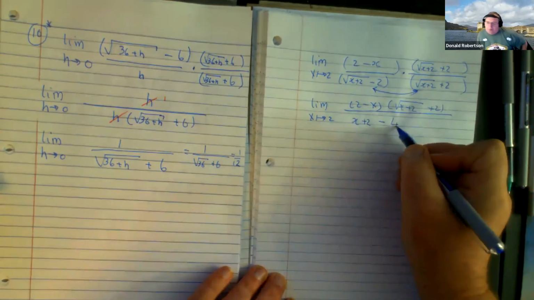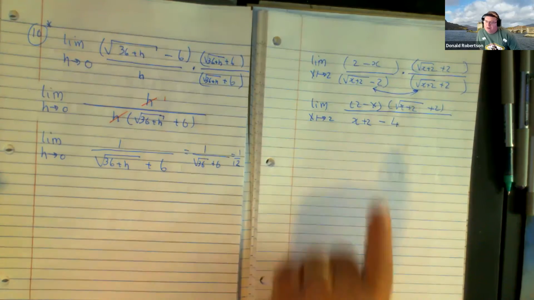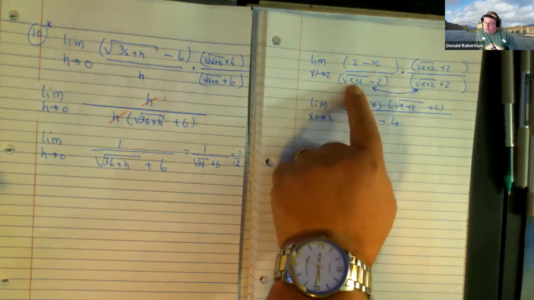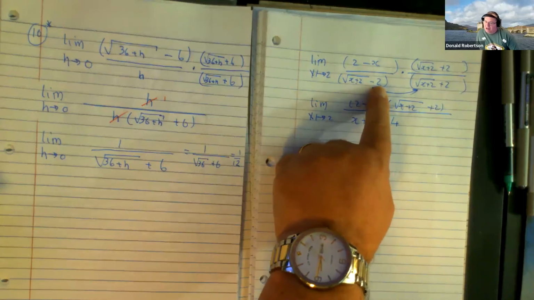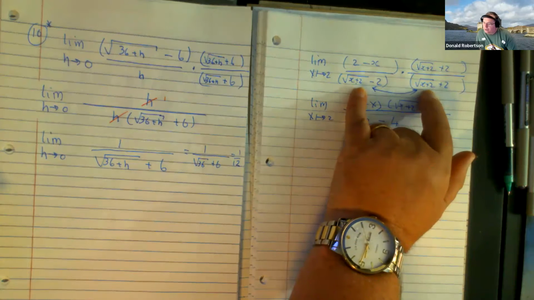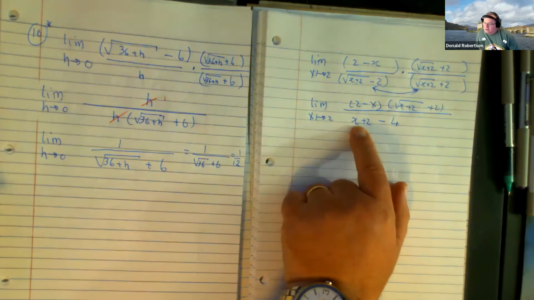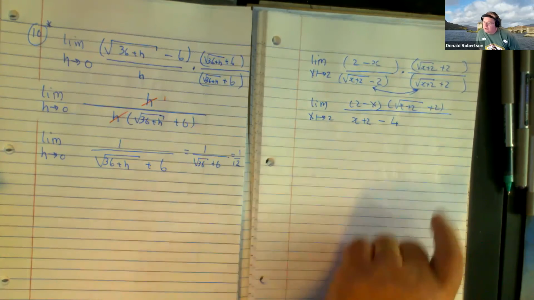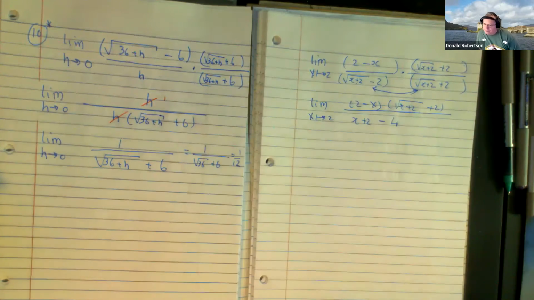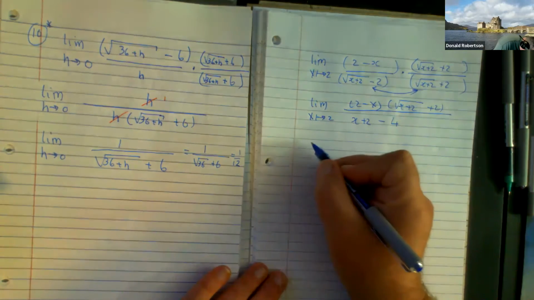Are you comfortable that if you foiled that out, this is what it would look like? First guy squared, take away second guy squared. And the reason for that is that this is actually a difference of 2 squares. Square root guy squared, take away 2 squared. Now that's the shortcut. If you don't like that, just FOIL it out the way I've done the other 2 questions. Now that simplifies a little bit.